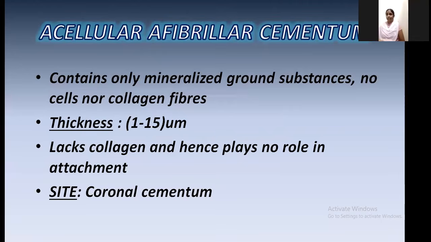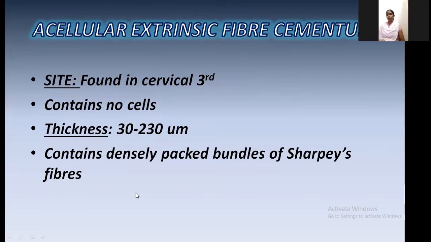Acellular afibrillar cementum contains only mineralized ground substance, no cells nor collagen fibers. Thickness is 1 to 1.5 micrometers. It lacks collagen and hence plays an important role in attachment. Its site is the coronal region, that is near the crown region.